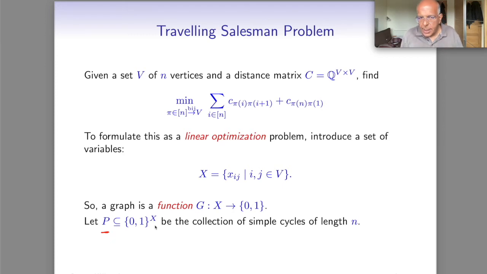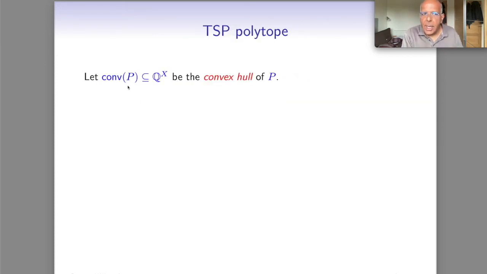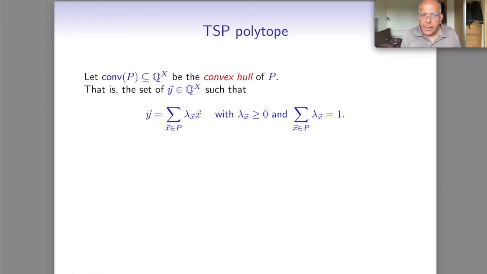In other words, each element of P is a point in the vector space of rationals indexed by coordinates in X. And I take the convex hull of these points, that is, the set of all rational vectors which can be expressed as combinations of vectors in P, where the coefficients are all non-negative and add up to 1.